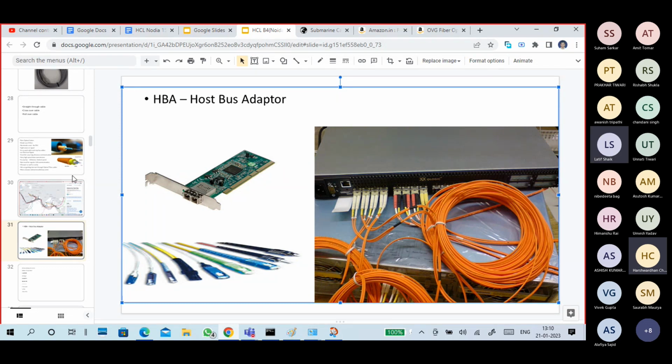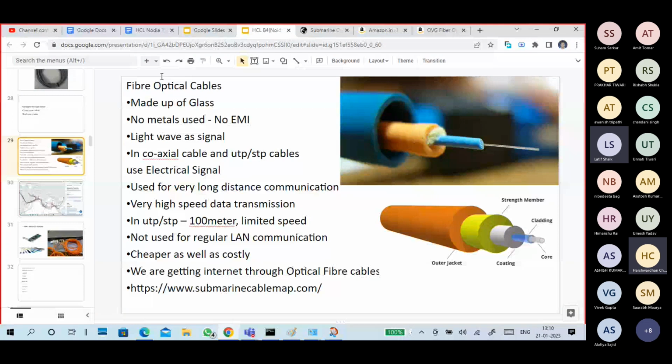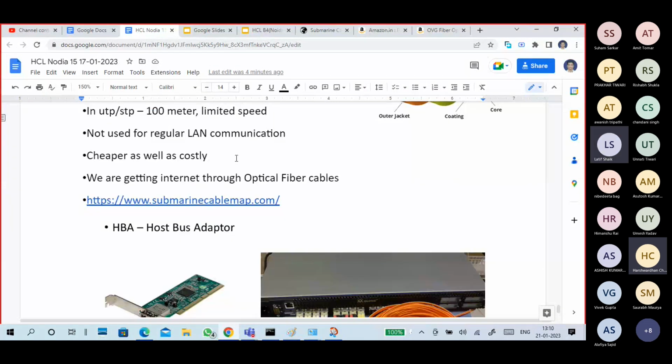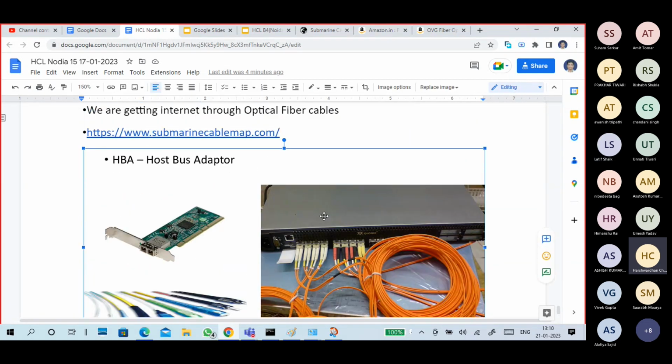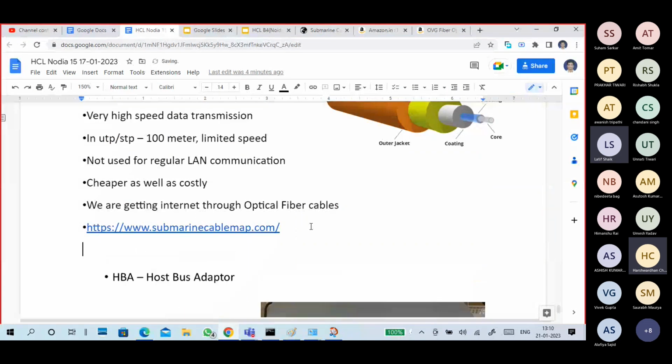But guys, these fiber optical cables, these connectivities are mostly used in servers, storage, or very high speed data transmission.